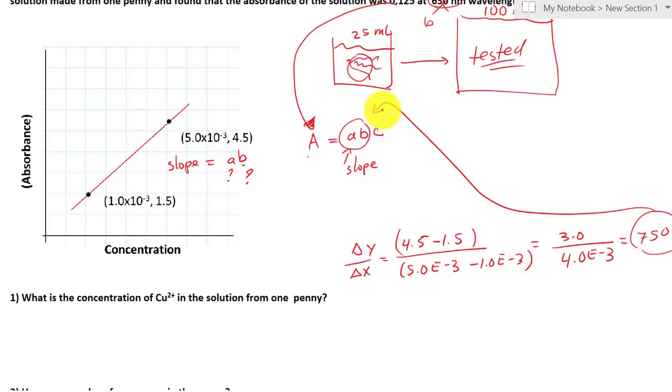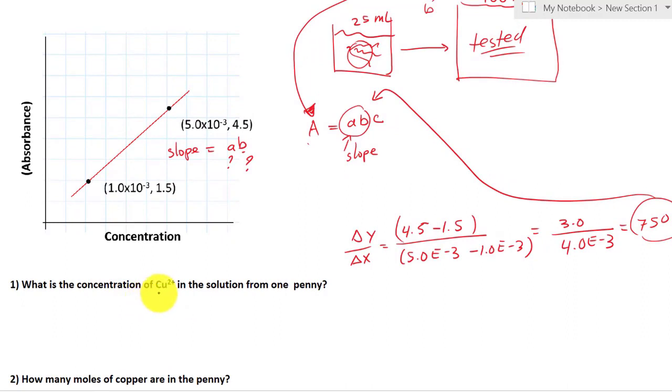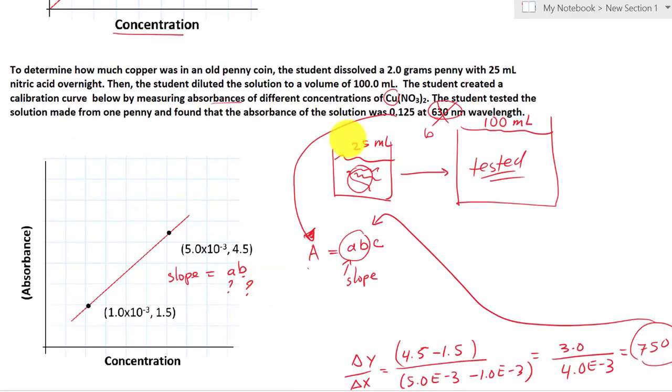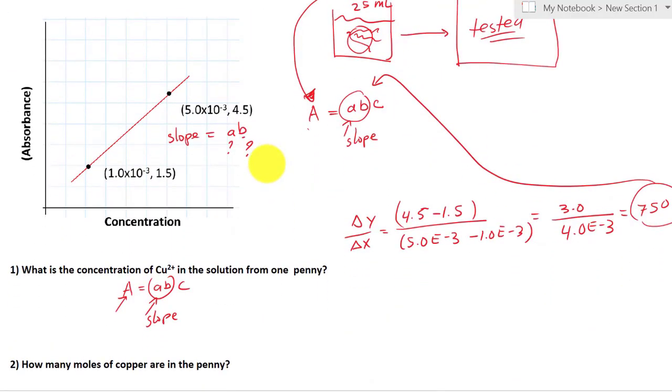Now, let's look at the problem. What is the concentration of copper in the solution from 1 penny? So we know that A is equal to ABC. Remember, this is our slope. And this one right here is absorbance, which we know is 0.125. So let's solve this. We have 0.125 equal to the slope.